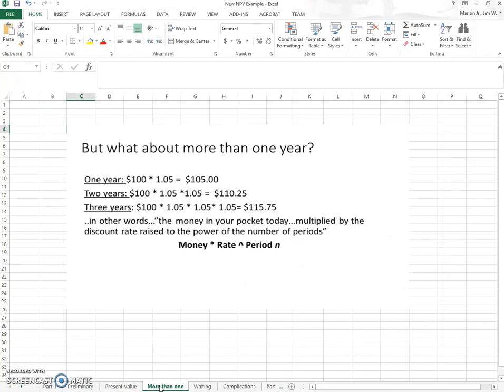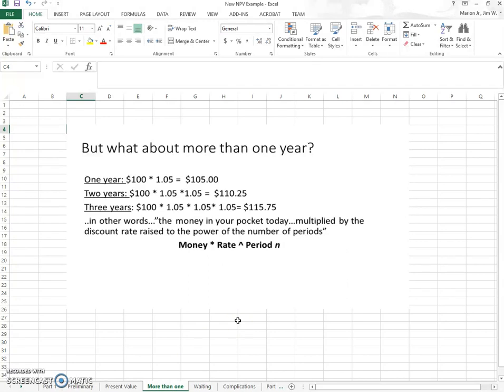Okay, what about more than 1 year? Well, we saw in 1 year, if you put your money in the bank at 5%, you get $105. In 2 years, you would take 105 times 1.05. You would earn interest not only on that 100, but on the interest that was paid after 1 year. So it's 100 times 1.05 times 1.05, which is equal to about 110 in 2 years. In 3 years, it's 100 times 1.05 times 1.05 times 1.05.